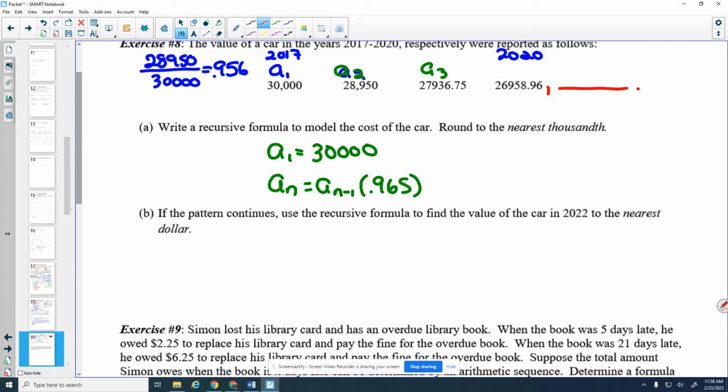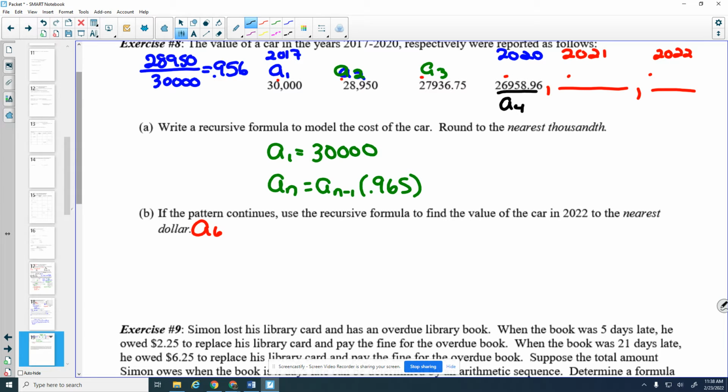This number here would be 2021, and this number here would be 2022. So as I'm counting, I have a sub 1, 2, 3, 4, 5, 6. So I'm ultimately trying to find a sub 6. I already know a sub 4, so I can start from there.